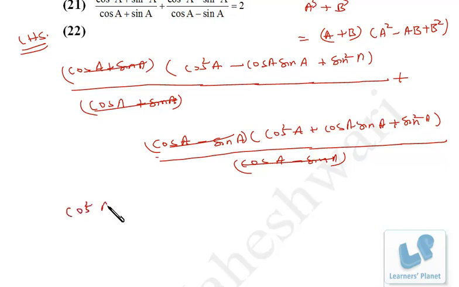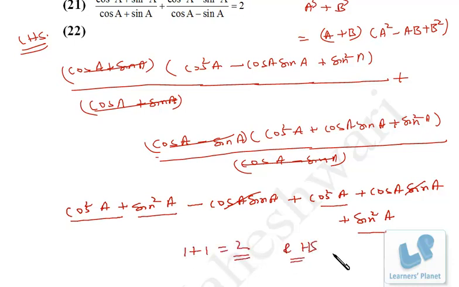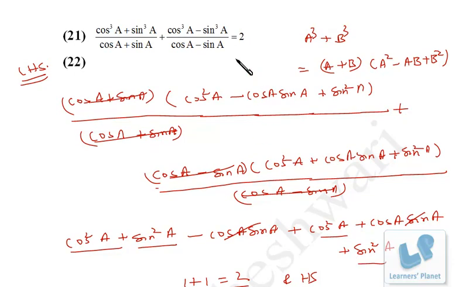It's cos square a plus sin square a minus cos a sin a plus cos square a plus cos a sin a plus sin square a, right? So this is cancelled. Now cos square a plus sin square a will be 1, and further cos square a plus sin square a will be 1. So 1 plus 1 is 2. That is the right hand side. Okay, that we had to prove.